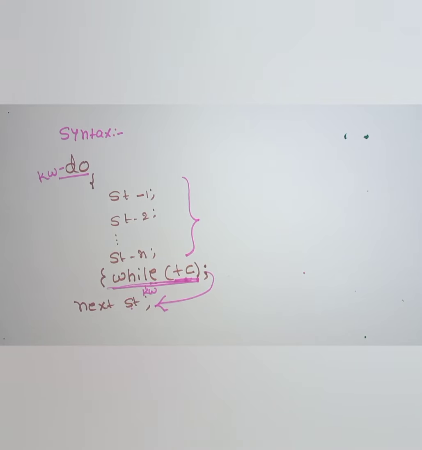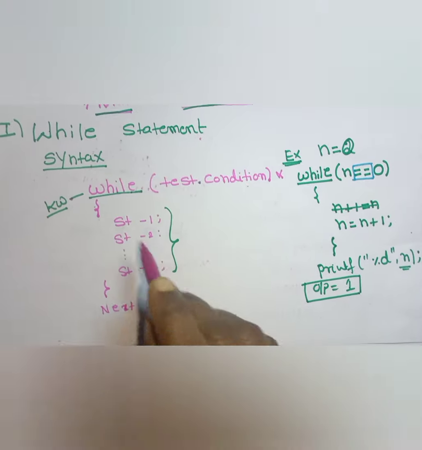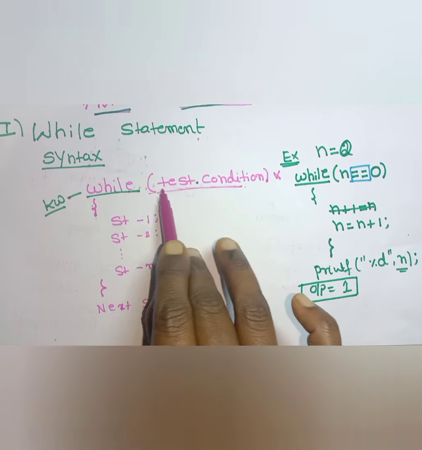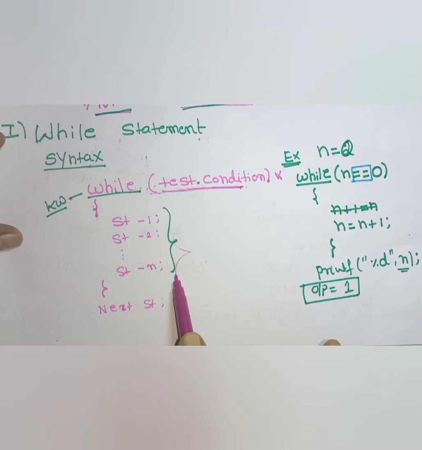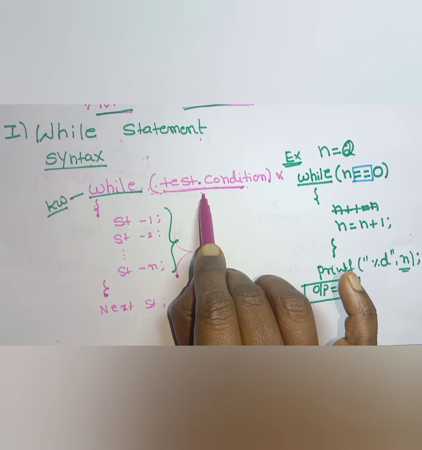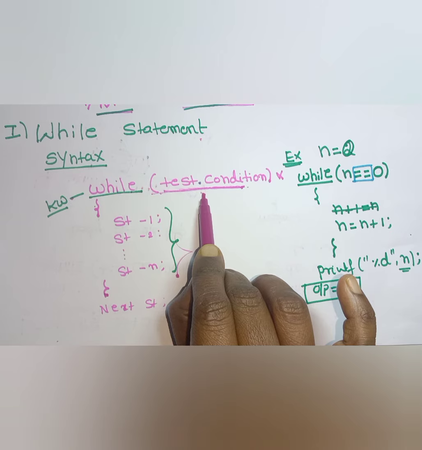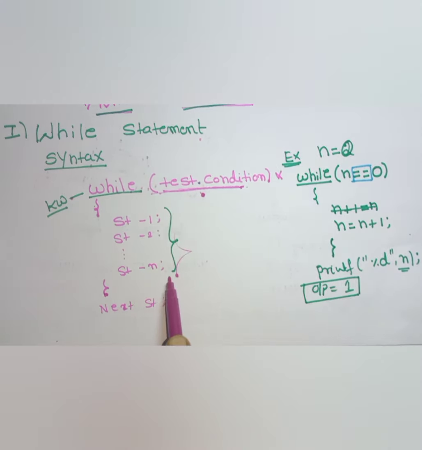Here you see, I will show you what happens. This is called an entry test condition. If this test condition is true, it executes this one. After executing, once again it goes here. If this condition is true, once again it executes this one.